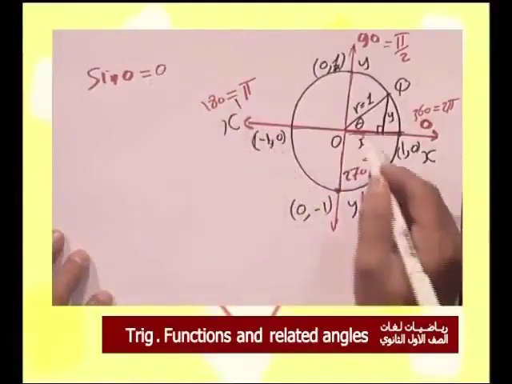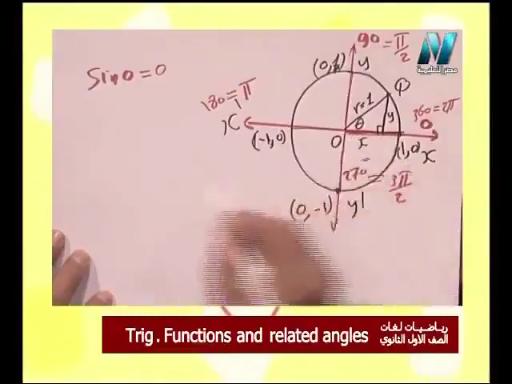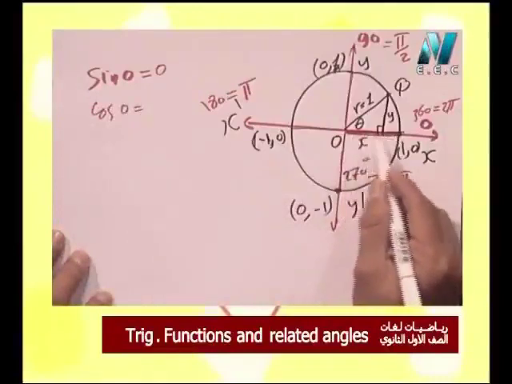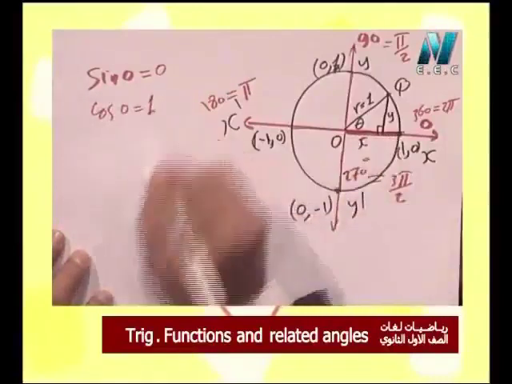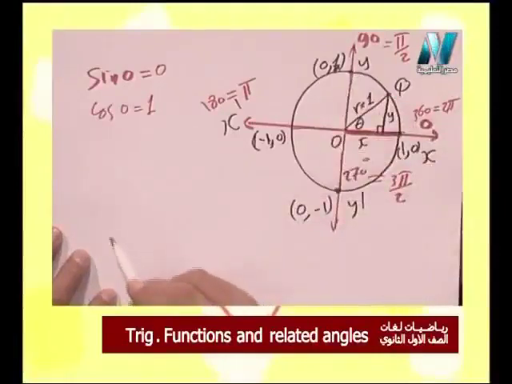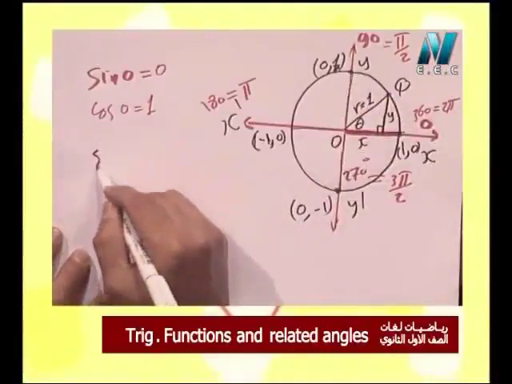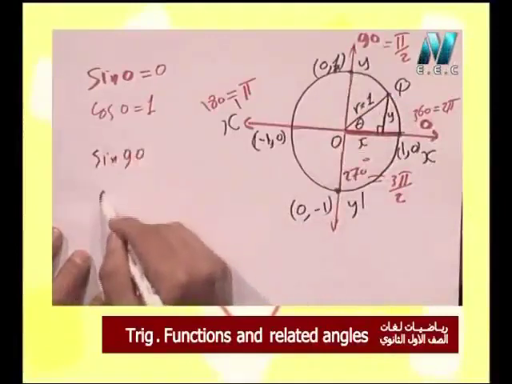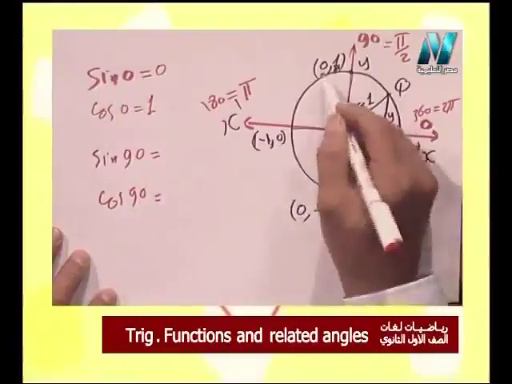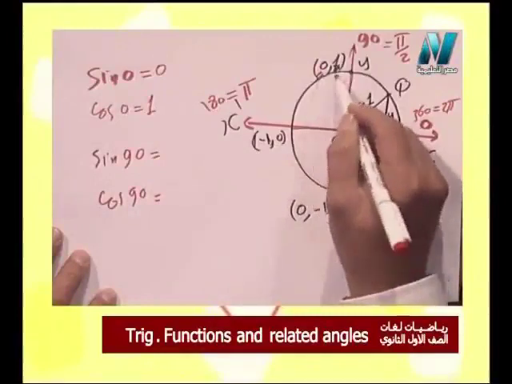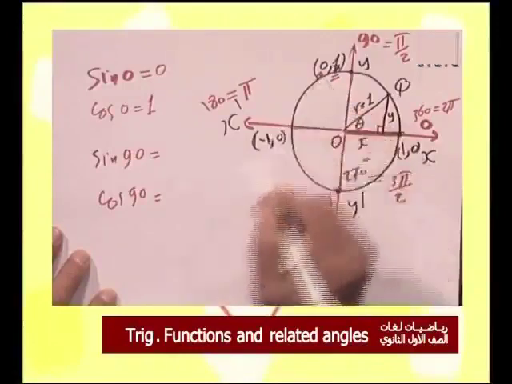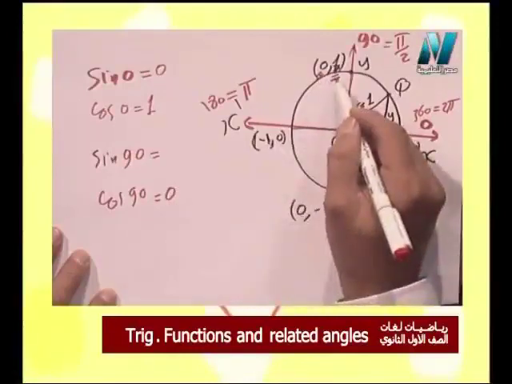But cosine 0 will be 1, the whole radius. Here, if we would like to find sine 90 and cosine 90, we agreed that cosine equals this number and sine equals this one. So cosine 90 equals 0 and sine 90 equals 1.